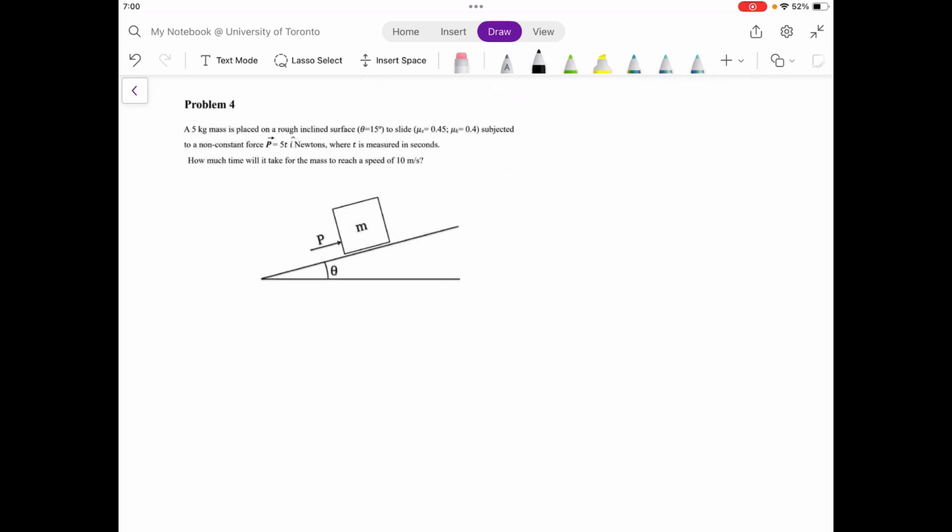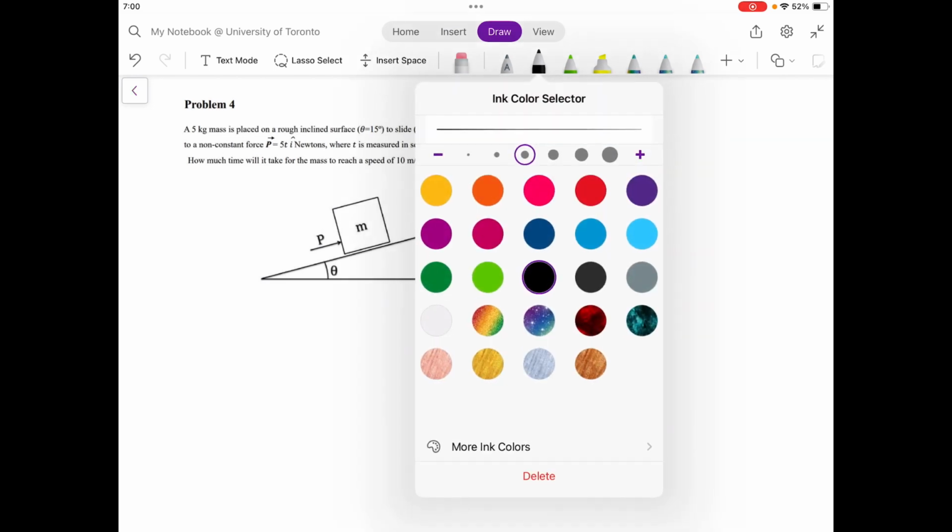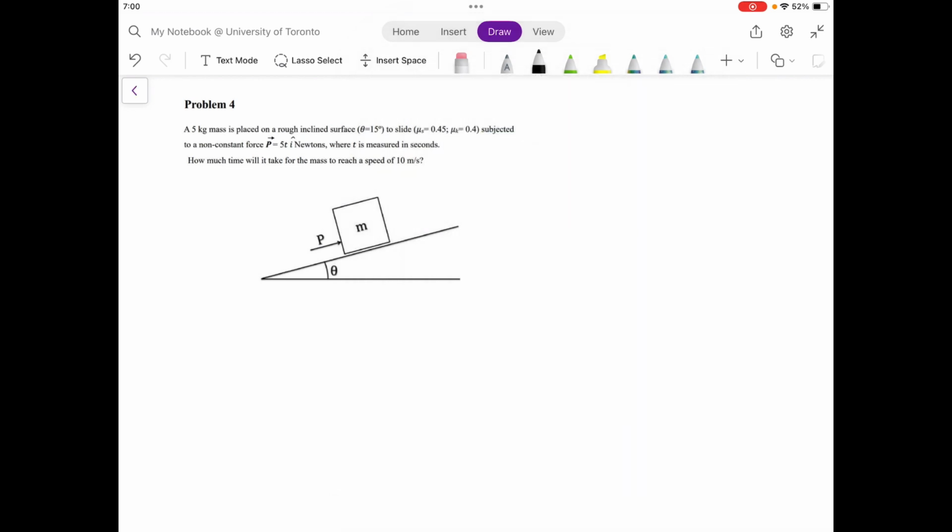Question number 4. A 5 kilogram mass is placed on a rough inclined surface to slide, subjected to a non-constant force. While t is measured in seconds, how much time will it take for the mass to reach a speed of 10 meters per second? First, we have mass is 5 kilograms.